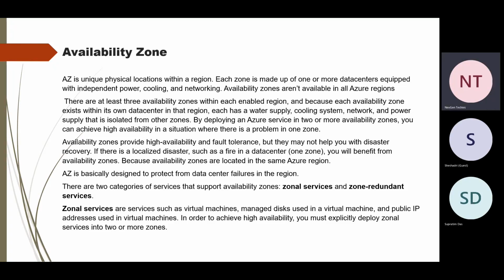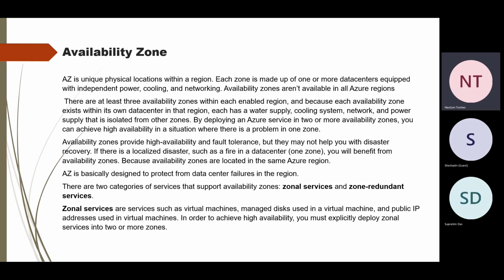Availability zones are available in Azure regions, but not all Azure regions support availability zones. If an Azure region supports availability zones, then you have at least 3 availability zones in the region, because each availability zone exists within its own data center. Each has a water supply, cooling systems, network, and power supply that is isolated from the other zones.